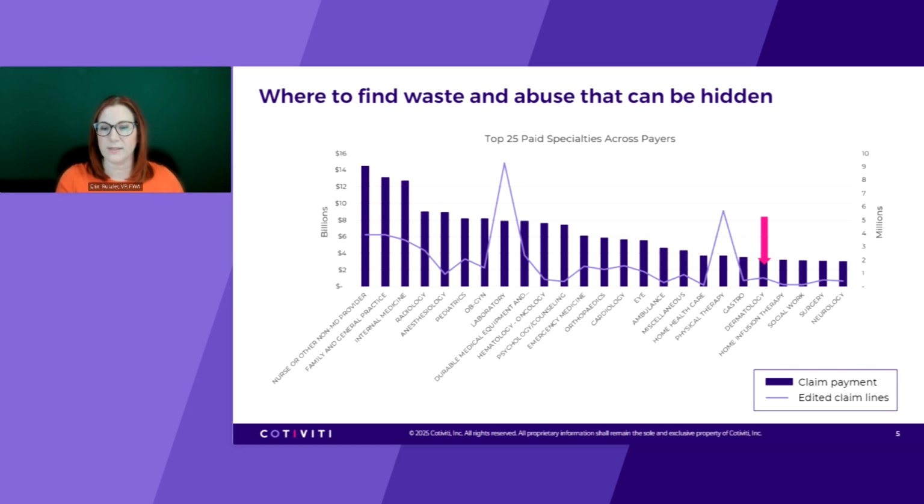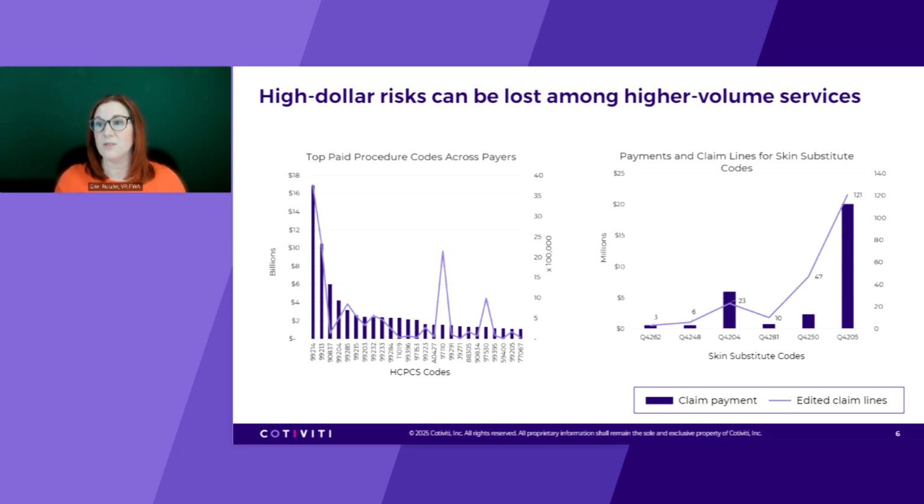As we move to the next slide, I have another view here to show you this at a CPT level and to kind of level set us to the content we're going to talk about today. So on the left-hand side, this graph here, you can see again kind of that proportional edit to payment ratio where, for example, not shockingly, 99214 rises to the top.